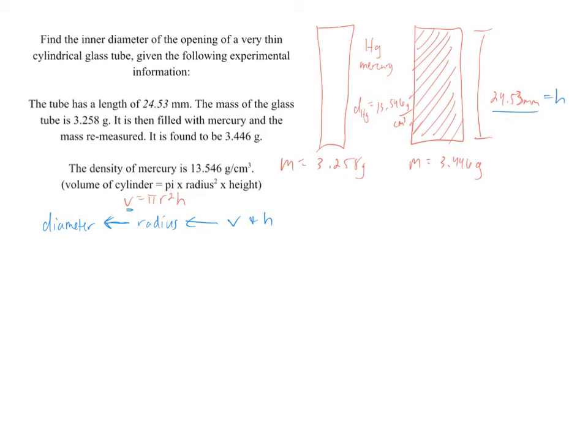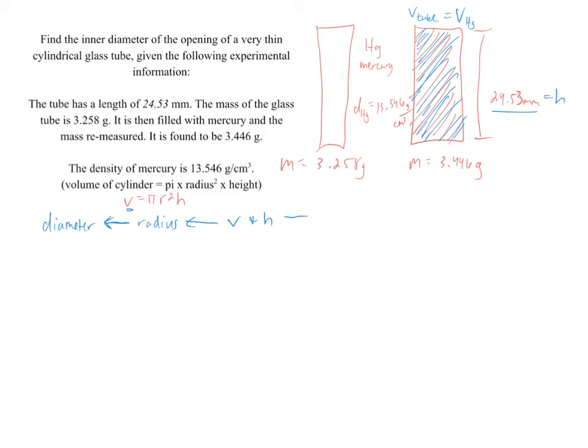So this is the volume of the glass cylindrical tube. Well, since the glass cylindrical tube is filled with mercury, the volume of the tube equals the volume of the mercury, since it is full.